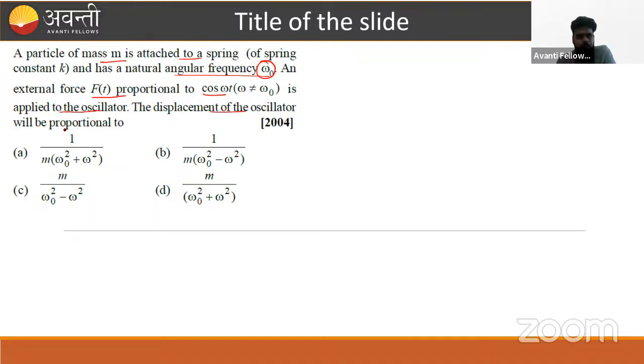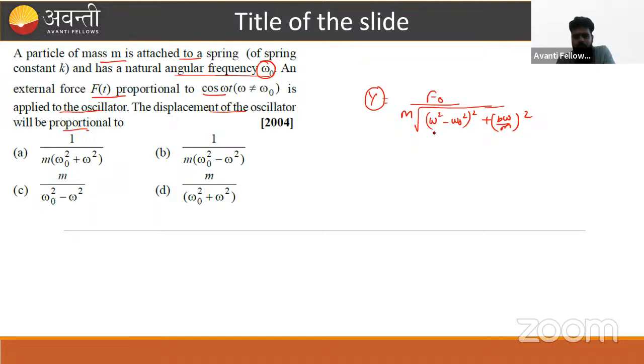The displacement of the oscillator will be proportional to what? So we know our displacement, in terms of magnitude, can be written as F naught divided over m, beta under root of (omega square minus omega naught square) whole square plus (b omega upon m) square. So in this particular question, it is directly asked our displacement is proportional to.